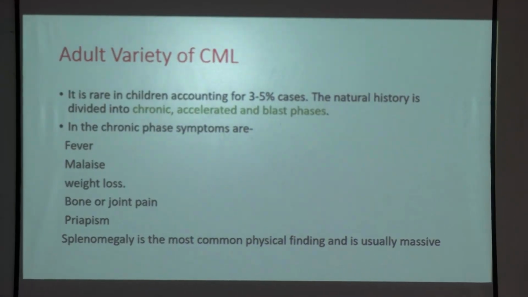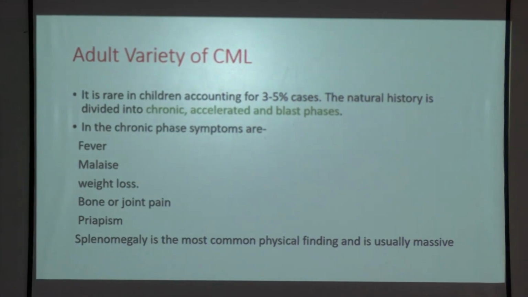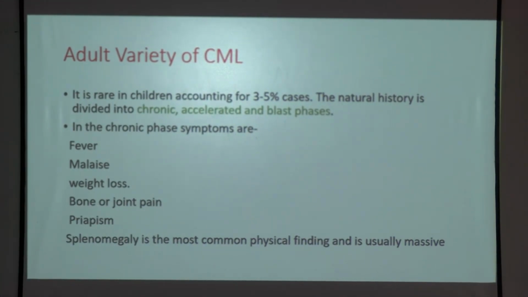But see here, these features, fever, malaise, weight loss, joint pain, can occur in various other diseases. So it is a great mimicker. In the chronic form, if there is no high index of suspicion, diagnosing CML is very difficult. But splenomegaly will be present. It is the most common finding and it is usually massive splenomegaly.